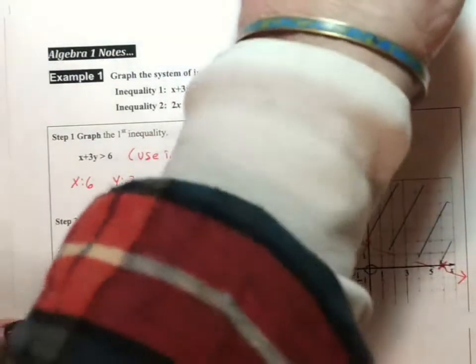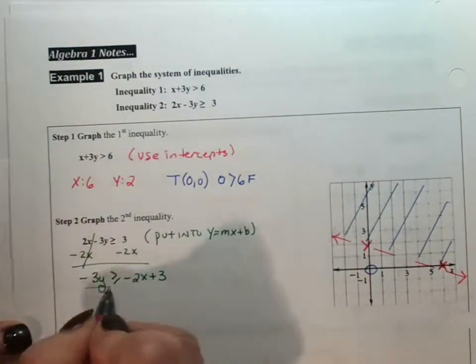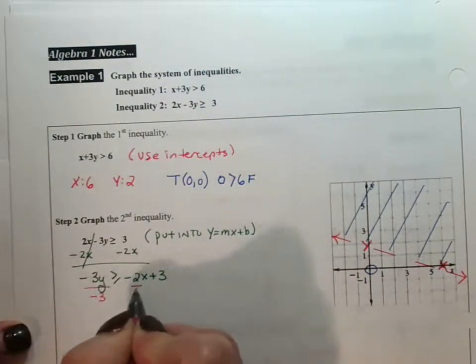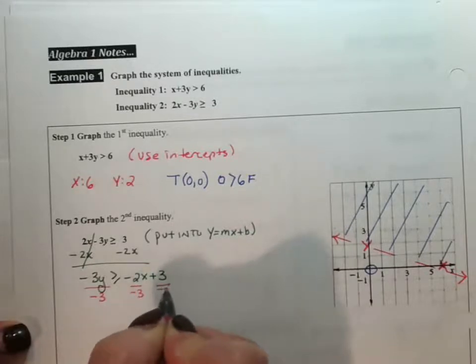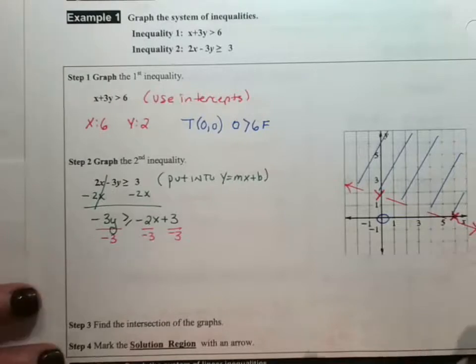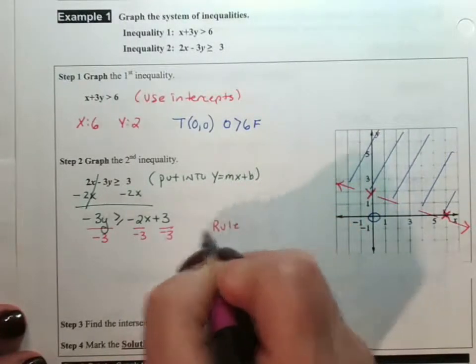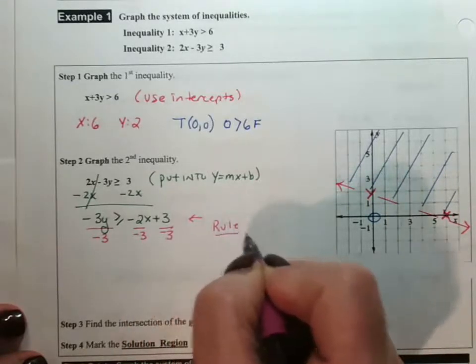And now we're going to divide this by negative 3. This is an inequality. What's the rule that we have to remember?